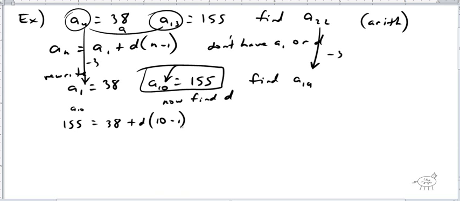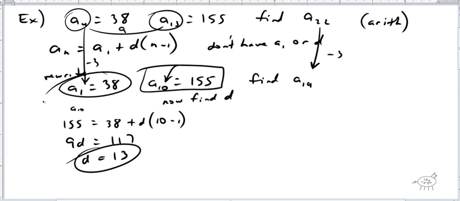That's going to give us the value of d. So you get 9d, move that over, is going to be equal to 117, so d is equal to 13. There we go. Now we have d is 13.